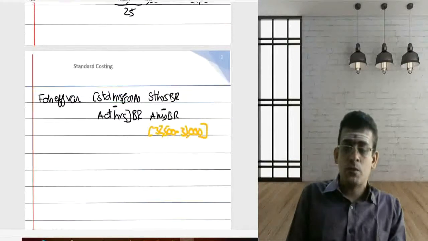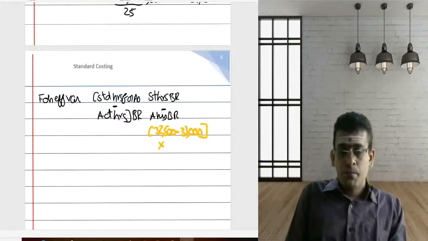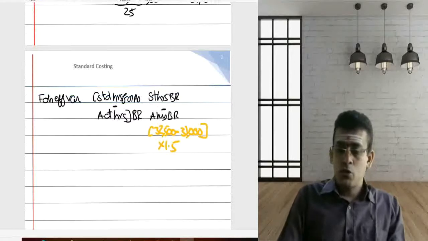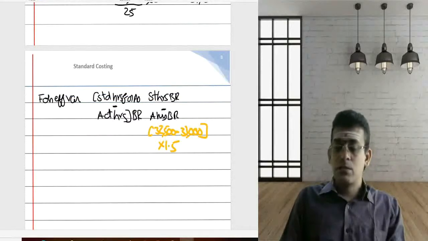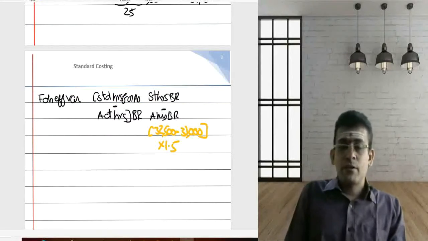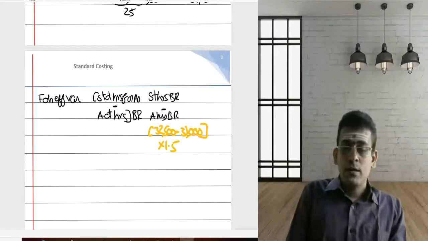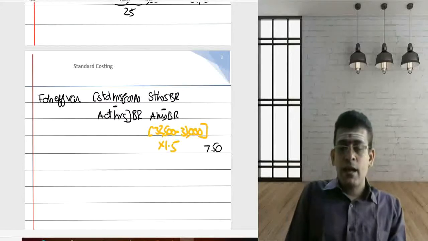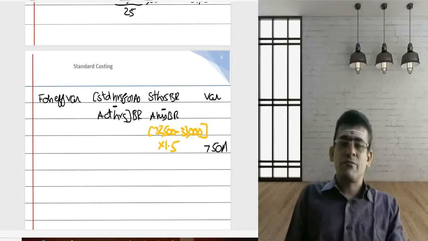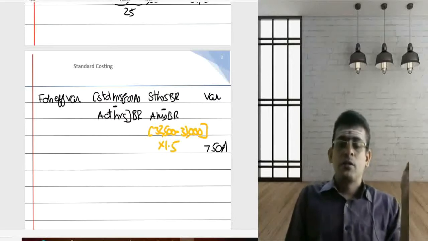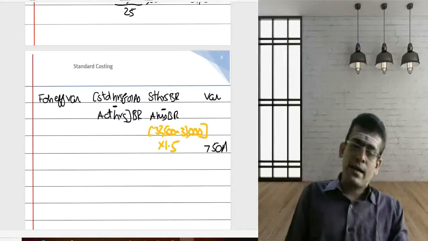So 32,500 minus 33,000, which is 500 adverse, into 1.5 gives you 750 adverse as your variance. That's your efficiency variance: difference in hours multiplied by your budget rate, where hours are standard hours for actual output and actual hours.